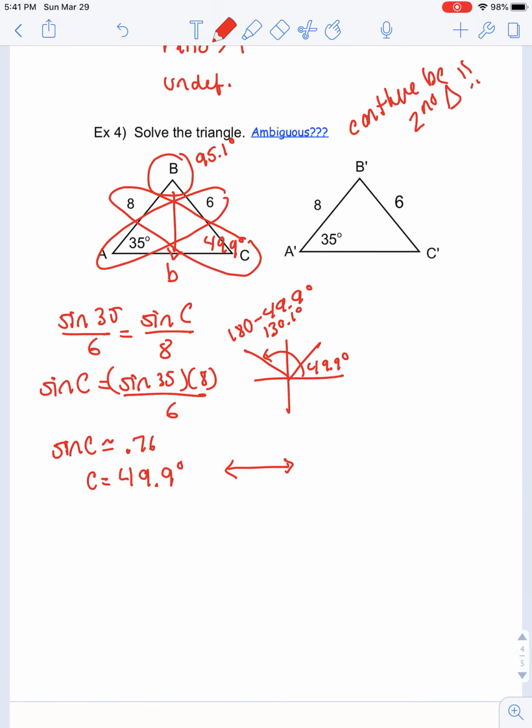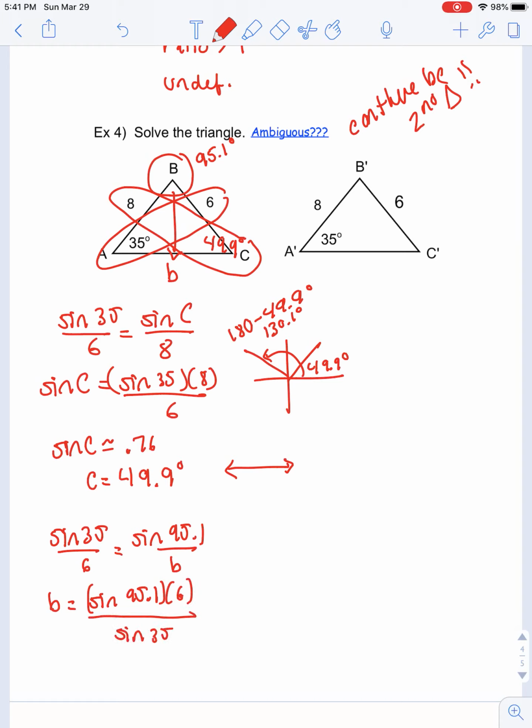And then using angle B, I could solve for side B by doing my sine of 35 over 6, equals sine of angle B over side B. And to solve for side B, sine of 95.1 times 6 divided by sine of 35, which would make side B about 10.42.